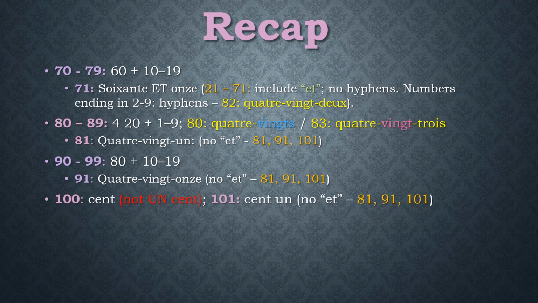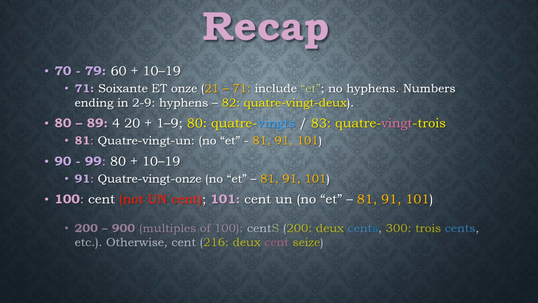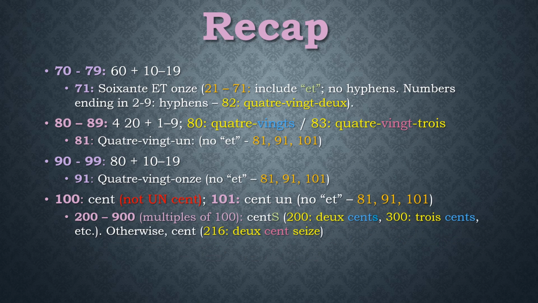100 is cent. Not un cent, but just cent. 101 is cent un. No et included. Numbers 200 through 900 that are multiples of 100, that end in 2 zeros, end in an S. Otherwise, there's no S at the end of cent.